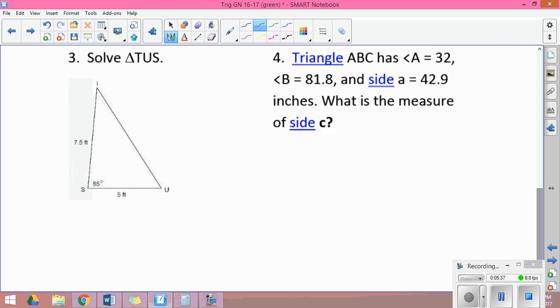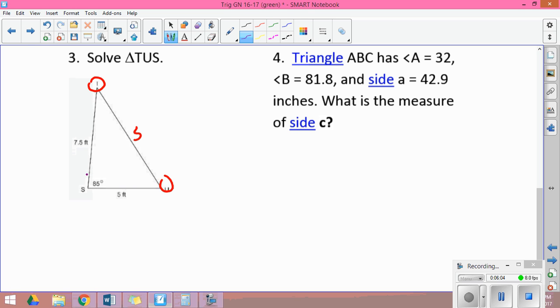Now, solving TUS, I'm missing one angle, two angles, and a side. So again, I do not have enough information to do law of sines. I don't know I with side 5, I don't know U with side 7.5, and I don't know the side S. So I have to use law of cosines first.